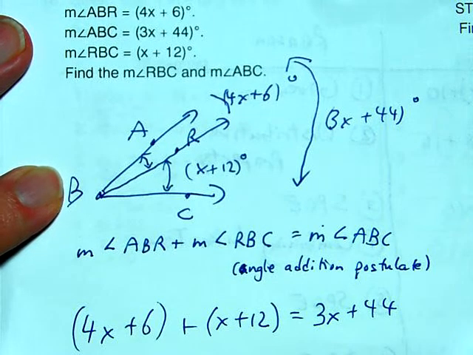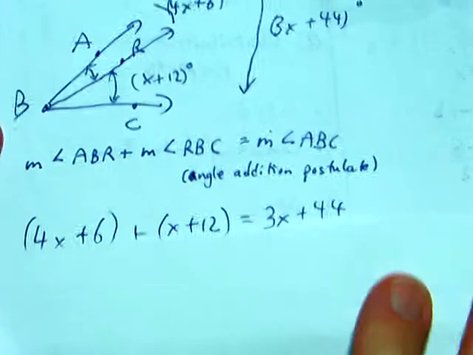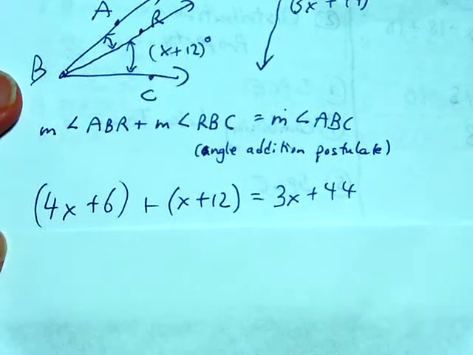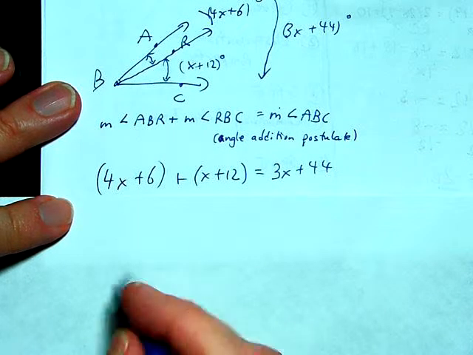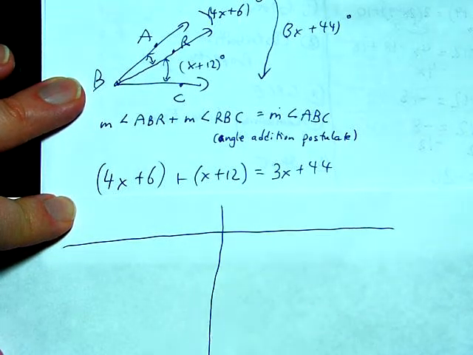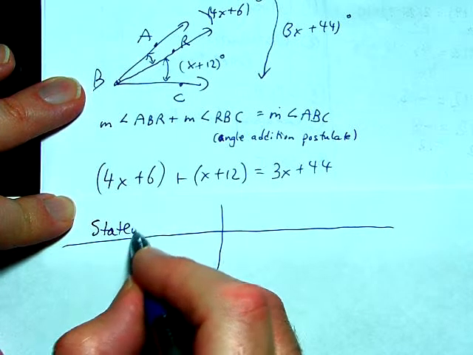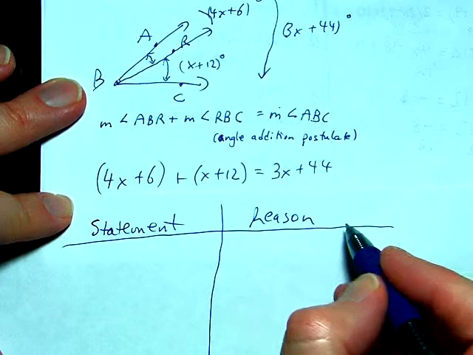Okay, so let's go ahead and solve this problem. And let's also make use of some of the knowledge we know about proofs to see what justifies each of the steps as we go along and solve this. Okay, so let's have our statement and reason. This way we can get some practice with algebraic proofs.